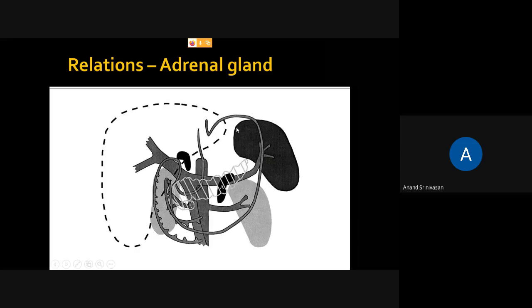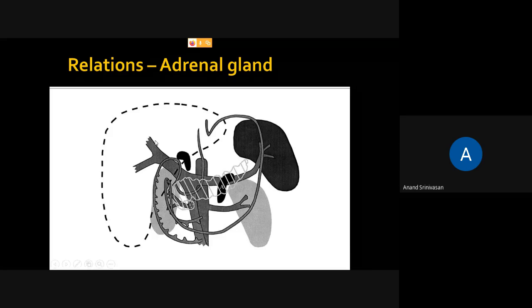Now the relations, just like what we have seen for the other endocrine glands. Here we will be seeing the relations of the adrenal gland. I have not included the names in this slide because I would like you to interpret.